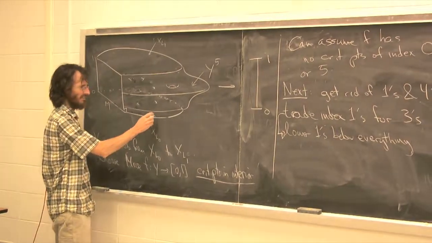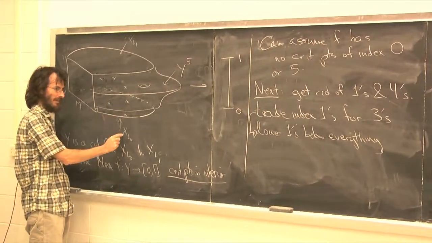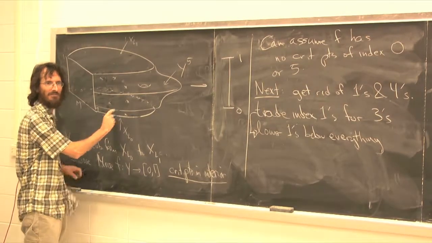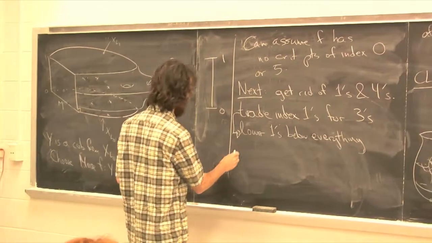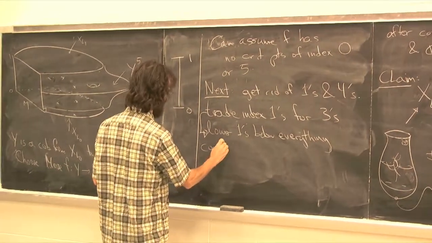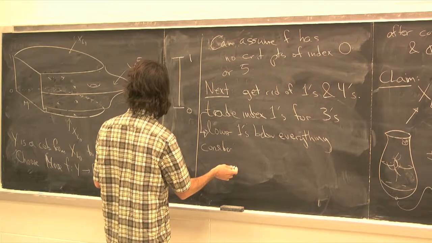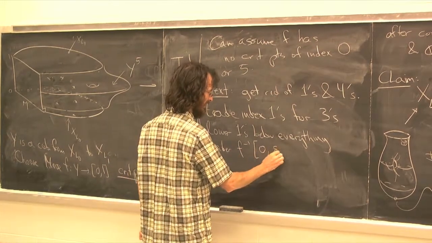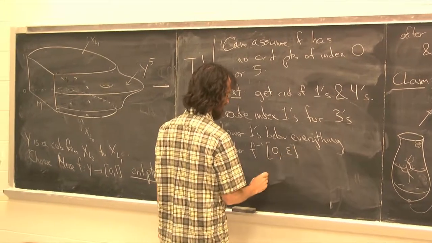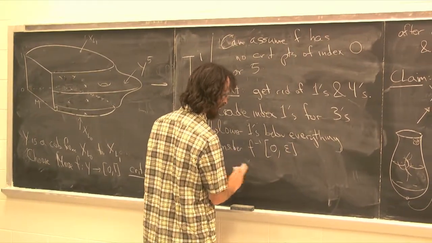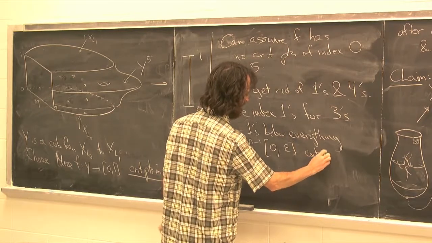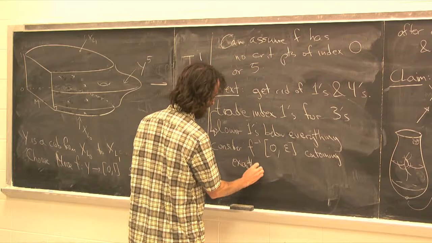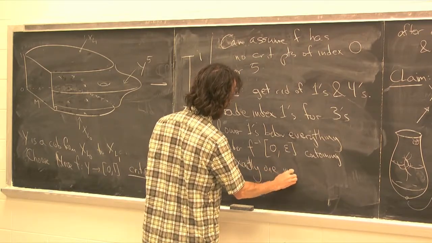And now I'm going to focus on a slab going from XL0 up to something where I have just a single index 1 critical point. So consider F inverse of [0, epsilon], for some epsilon, such that it contains exactly 1 index 1 critical point.